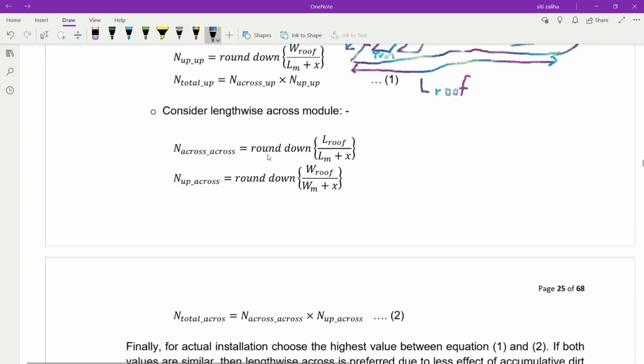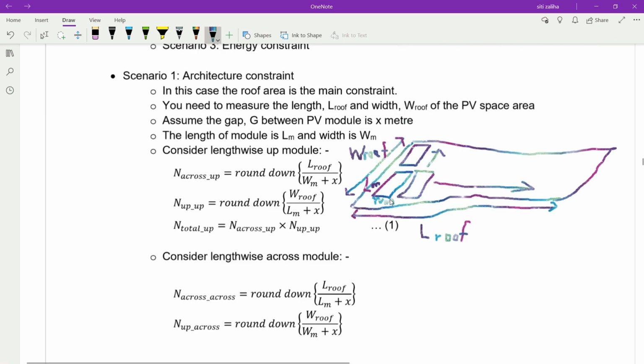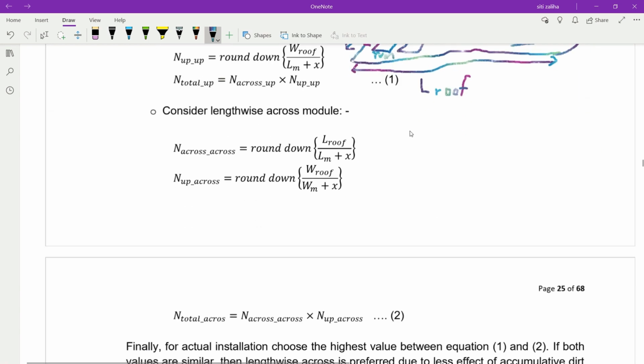Okay, another orientation is to consider lengthwise across. Lengthwise across is the landscape orientation. Same concept. So you have a rooftop here.